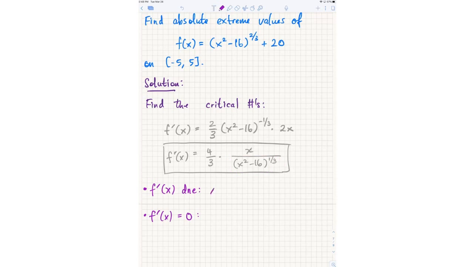So I set x squared minus 16 equal to 0. That gives me x equals 4 and x equals -4. That's a quicker way to figure out where the derivative does not exist. Naturally, if you have an exponent that is less than 1 in the original function, that will give rise to a derivative with some sort of denominator that you could set equal to 0 to answer this question.